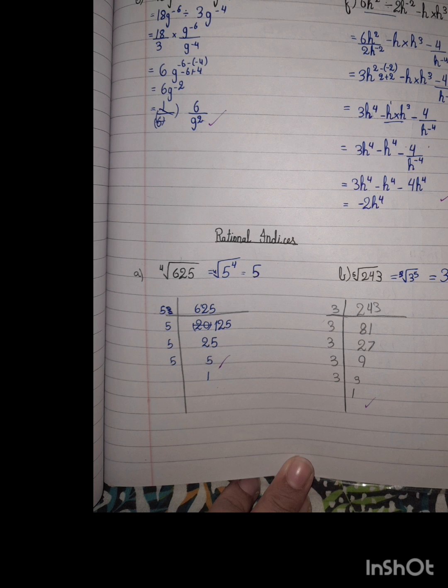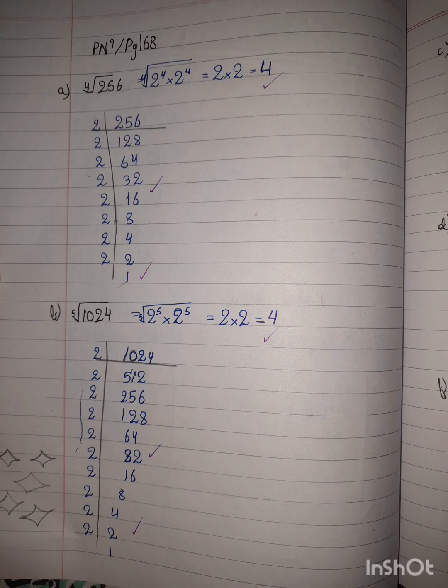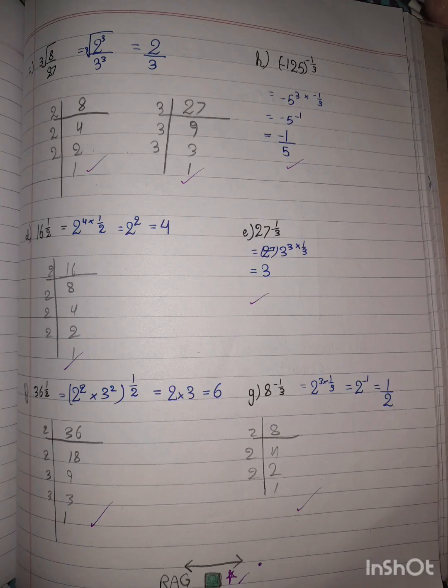Rational indices are when the power is a fraction. So roots will also be rational indices, and if there is a fraction or decimal, they will also be called rational indices. So for example, if a root is there, you need to find the prime factorization, write it in power, and then solve the root.